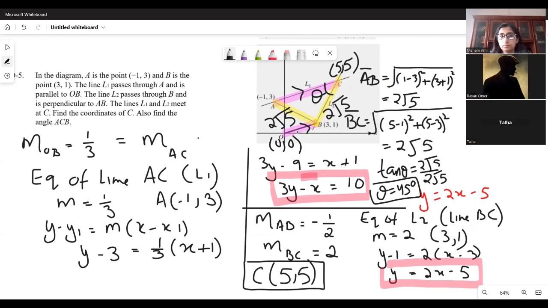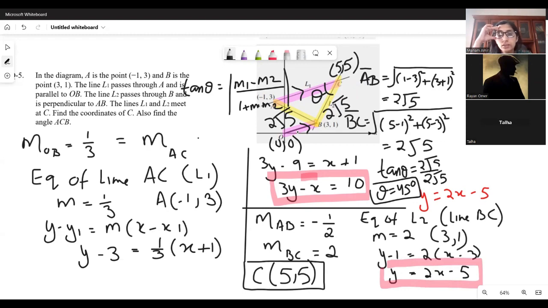All right. Yes. Another way of doing this question was from the formula I taught you, which is not in the syllabus, but if you know it, it doesn't cost you anything. The angle is tan theta equals modulus of m1 minus m2 over 1 plus m1 m2. If you have the slopes of both the lines, जिसके बीच का angle find करना है, तो you can use this formula.